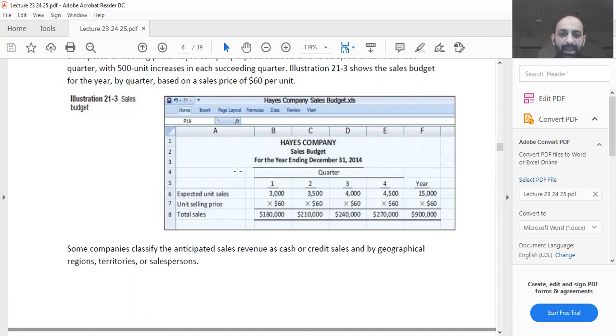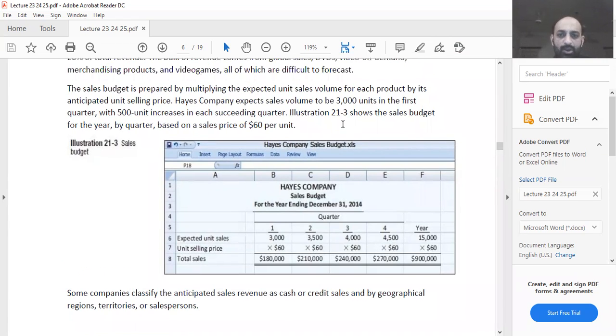You expect that for the first quarter your sales will be 3000, and then quarterly you will have an increase of 500 units per quarter in sales. So for the first period it is 3000, obviously for second quarter 3500, then 4000, and then 4500.